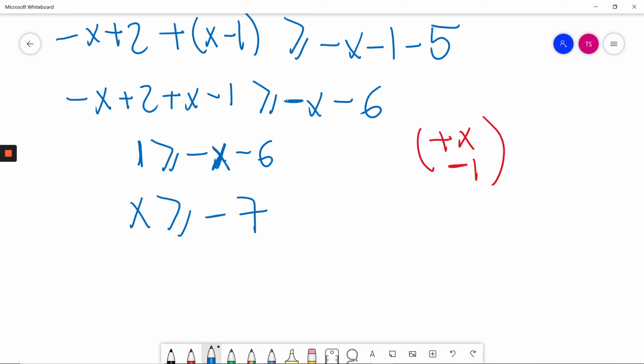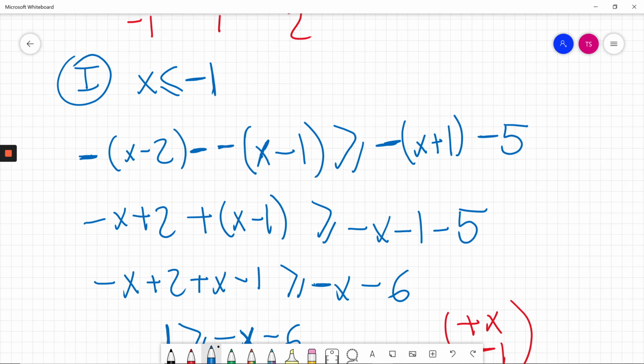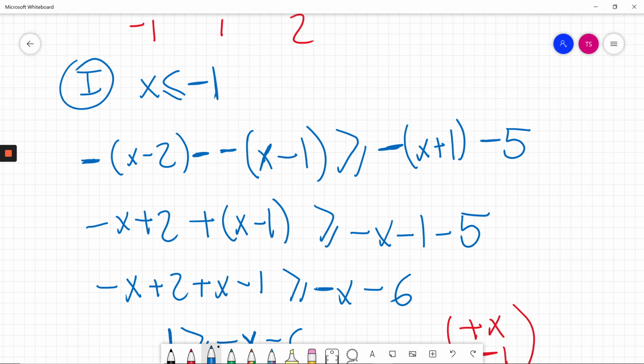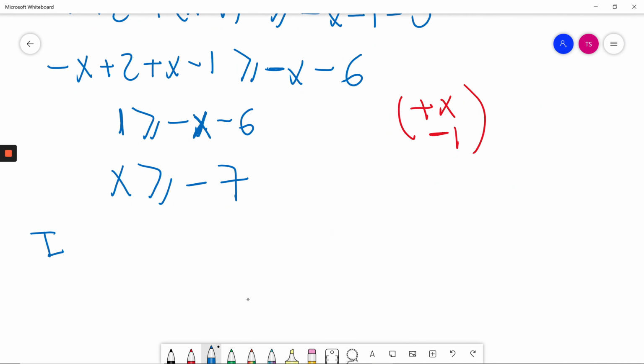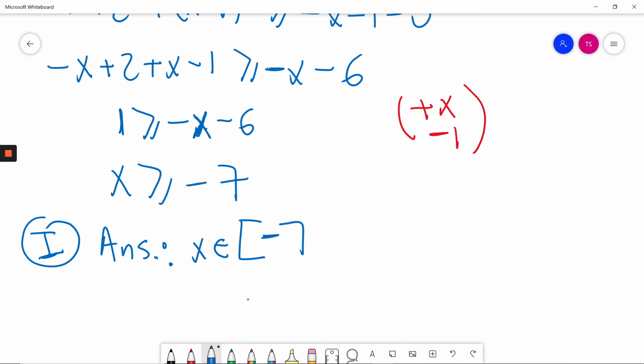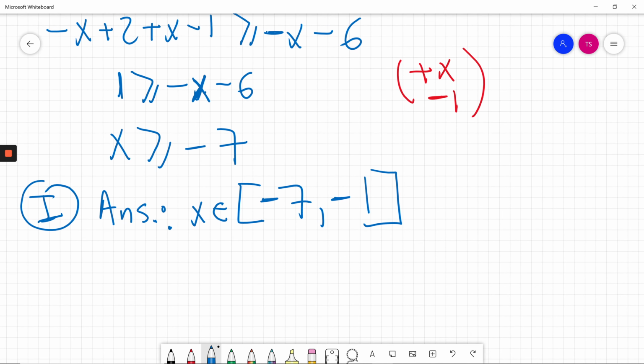X will be more or equal to negative 7. Interval 1 I was solving this for x less or equal to negative 1. That's why I'll write interval 1 answer is x belongs to minus 7 to negative 1, including minus 7 and negative 1.